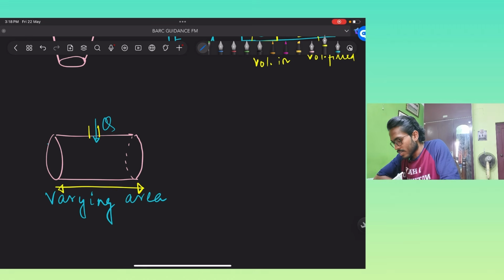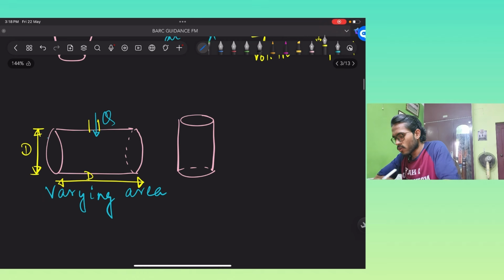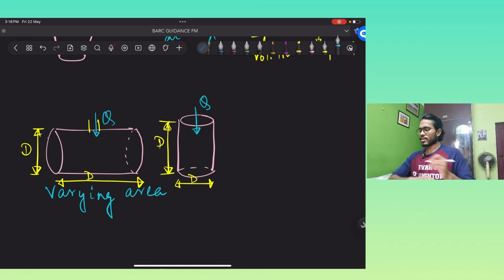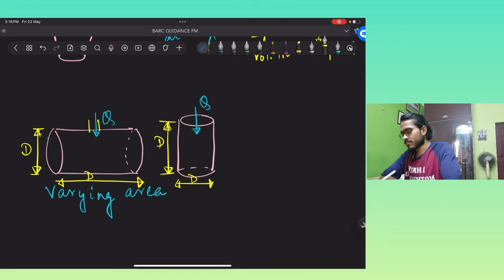This is D and this is also D. Now you have to compare it with the vertical case, where this is D and this is also D, and the water is flowing with the same volume flow rate Q.